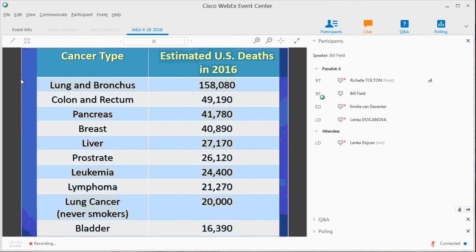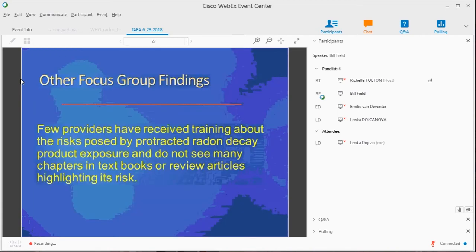Another finding from the focus groups is providers have received very little training in radon decay products, exposure, and radon testing, and there are very few peer-reviewed articles in the scientific literature talking about it. Many of the papers are from many years ago, and there's a lot of conflicting papers.